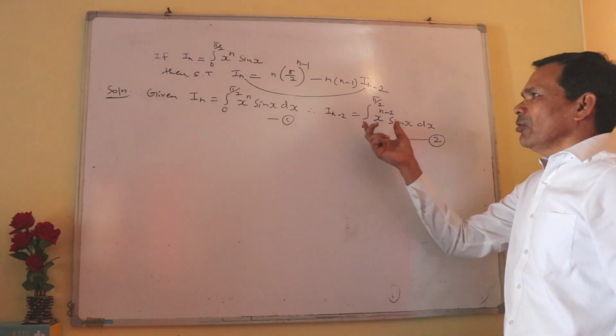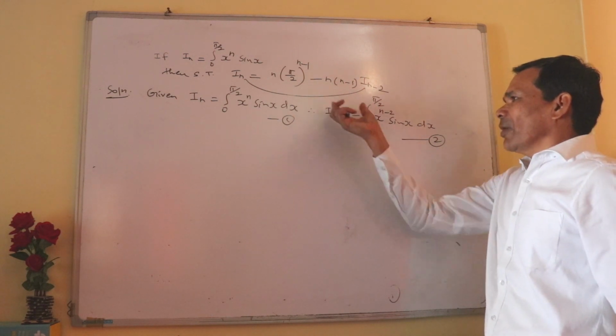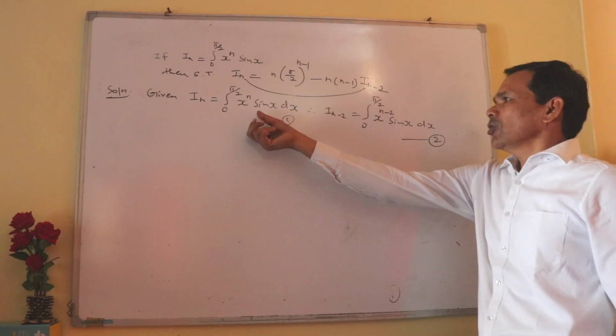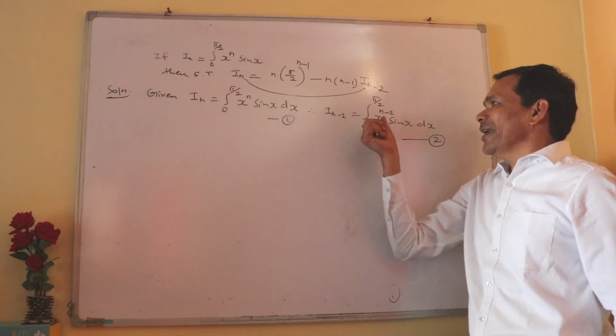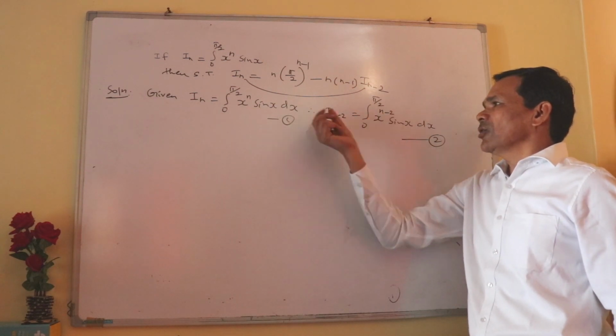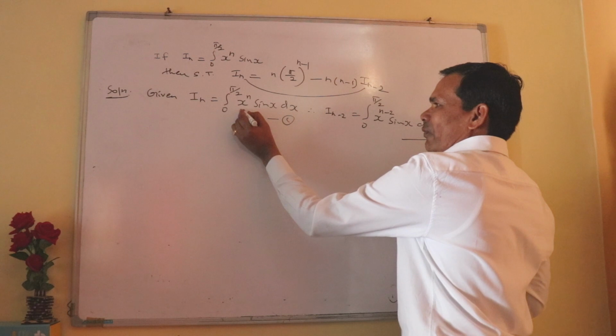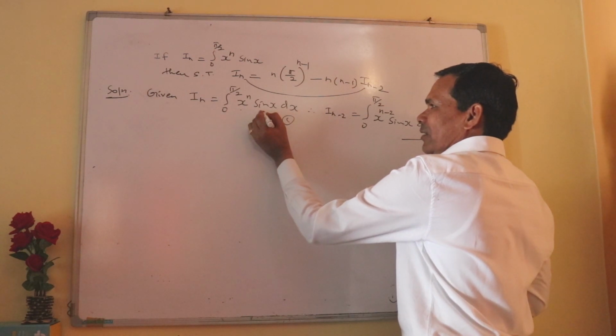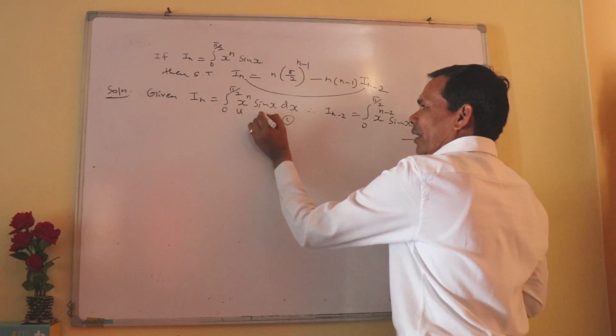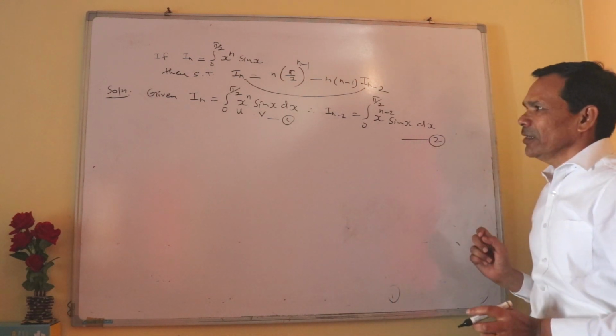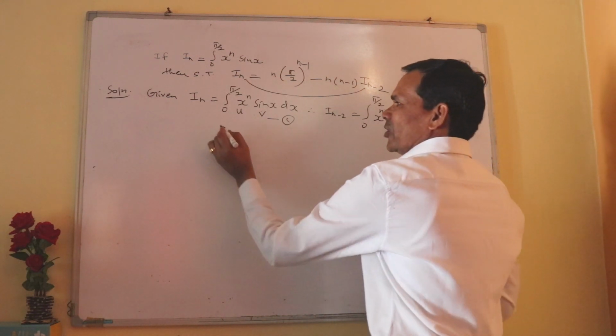Now I would like to obtain this formula from this. In the first integral, I must differentiate x raised to n and integrate sin x. So I take x raised to n as u and sin x as v and integrate by parts.